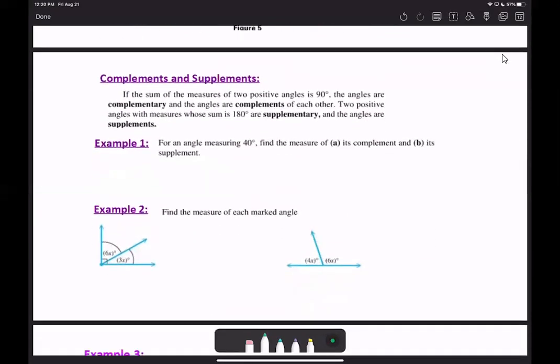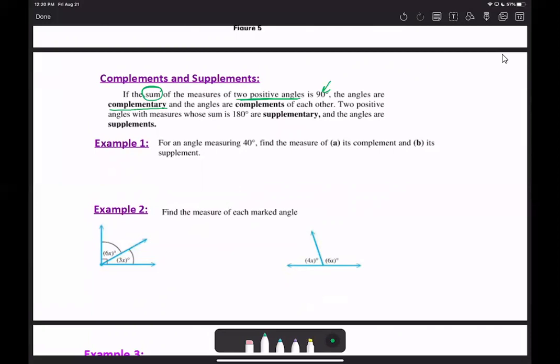Now we can have two angles put together that give us either a measure of 90 degrees or 180. When we talk about complementary, we are talking about two positive angles whose sum is 90. Students will always say, when you hear complementary, oh, that equals 90. Well, no, equals 90 is a right angle.